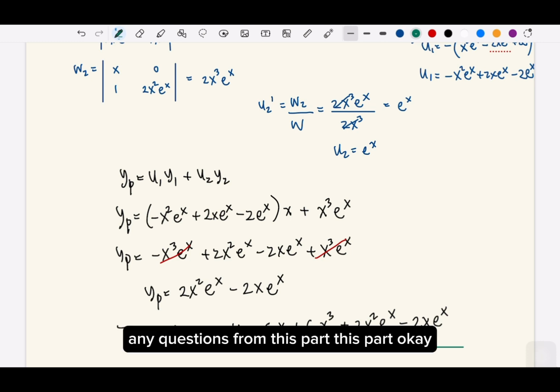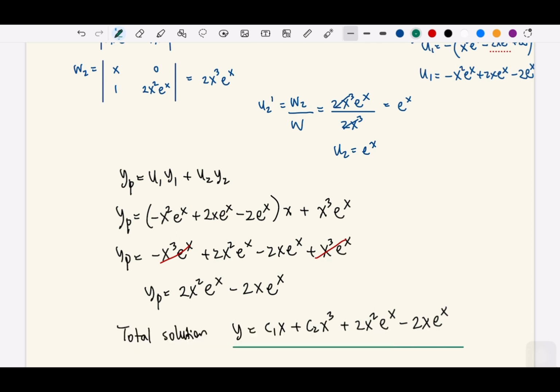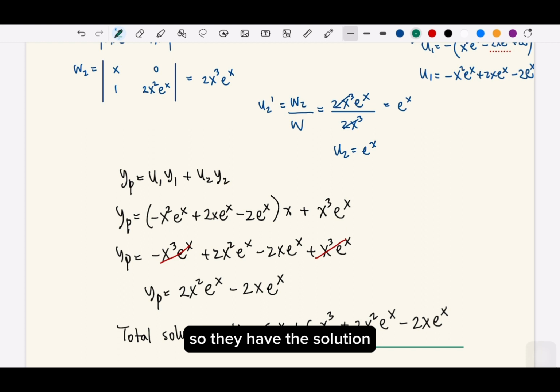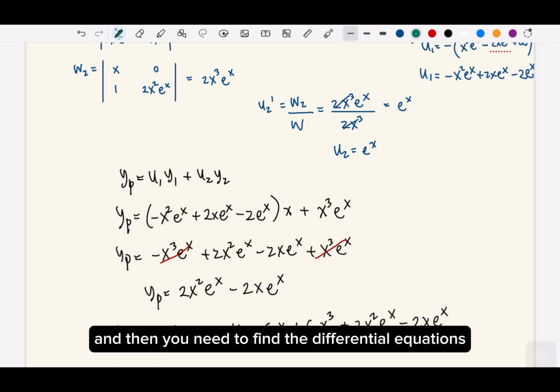Okay, any questions from this part? Okay. Now, another typical question is the reverse. They give the solution, and then you need to find the differential equation.